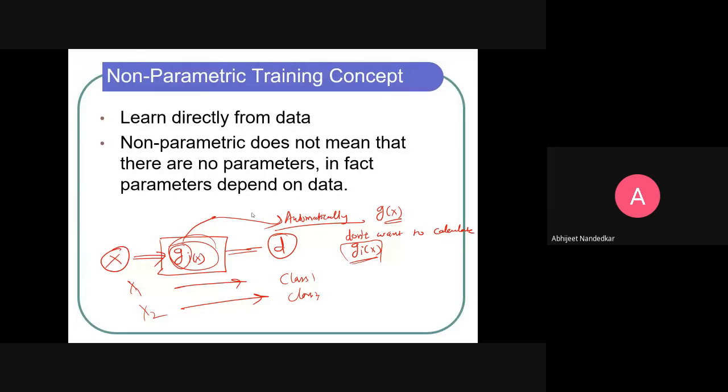Those who have done that course know that when you present the data, I assume that it is normally distributed, then I find the mean, then I find the variance, and I say the normal distribution is given by mu and variance. So these are the parameters we compute from data.